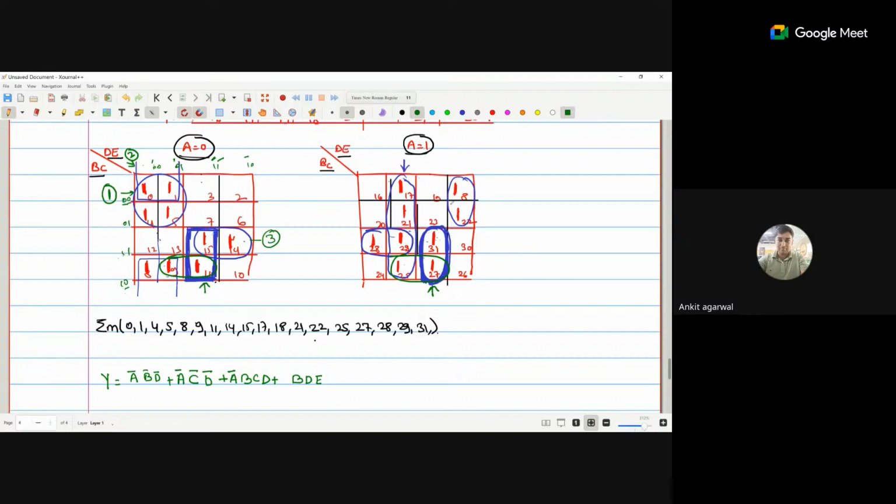So A is not constant, that's why the A term is not here. Is it clear how we write the expression for this overlapping group? Yes. When we do some more practice, I think you can solve it easily. Just wait a minute.